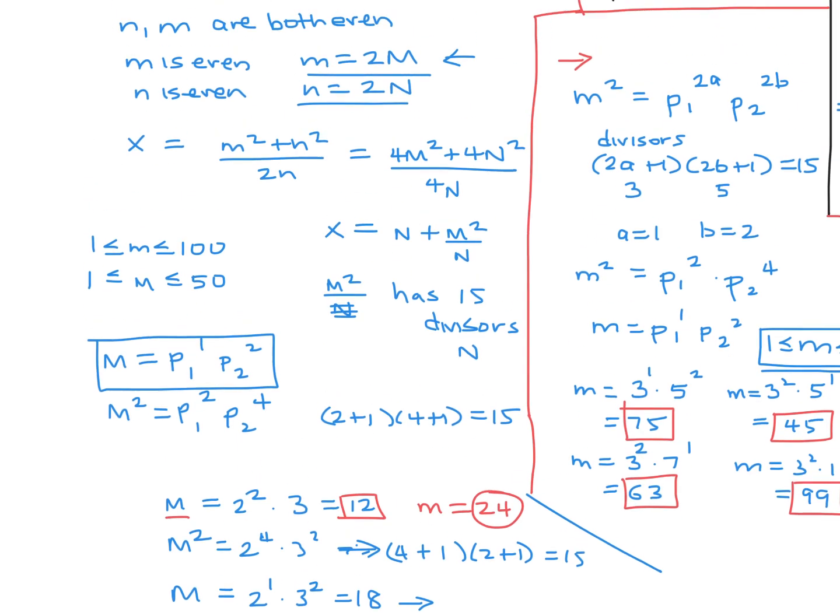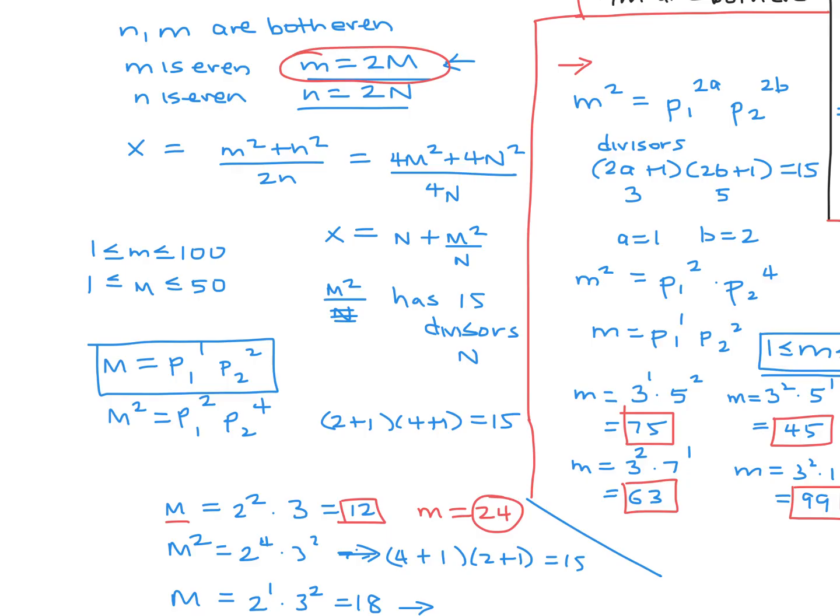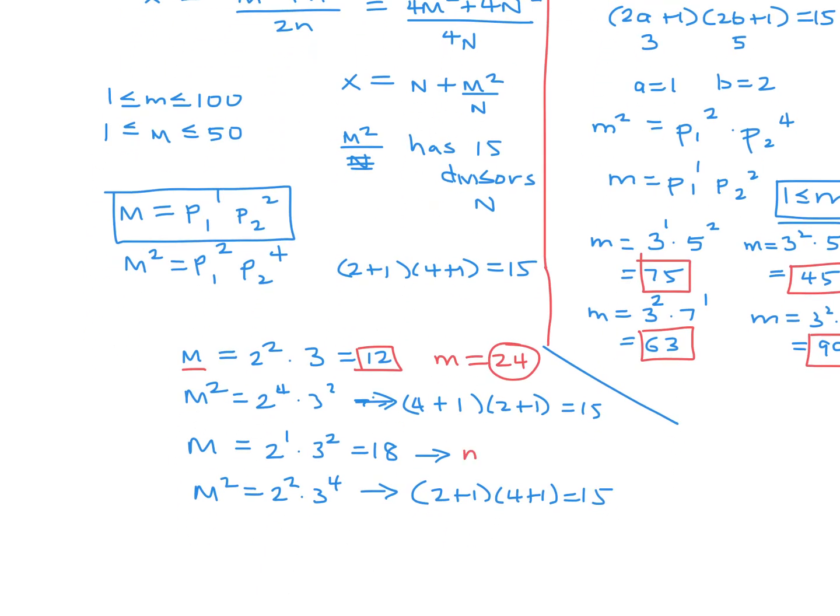Because small m is equal to 2M, and therefore m would be 36. Small m would be, hold on, let me see if I did that right. No, that's correct. I'm just getting a little confused between the small m and the big M.